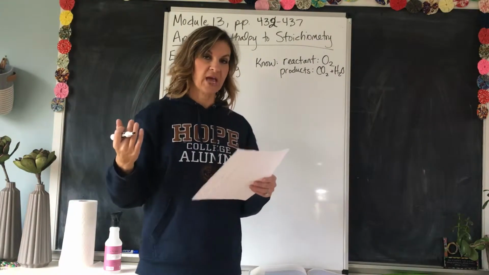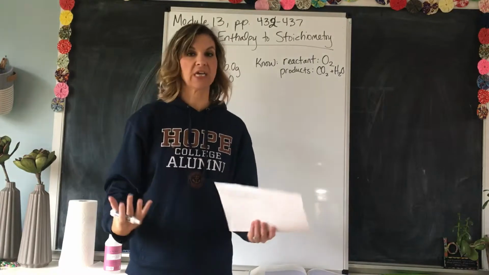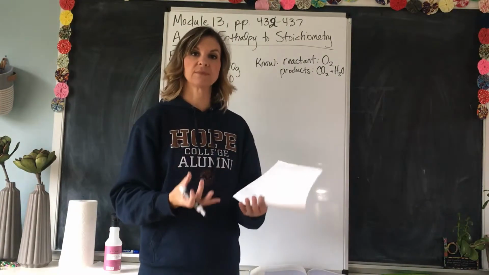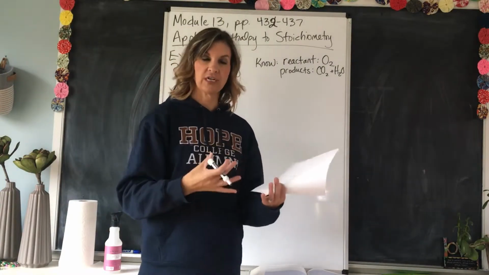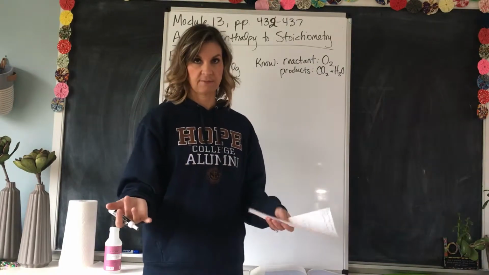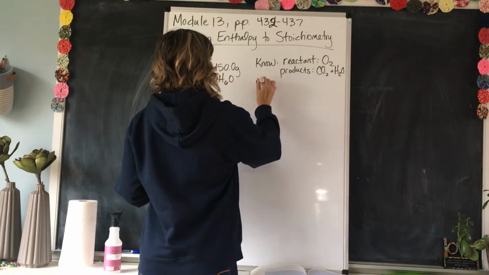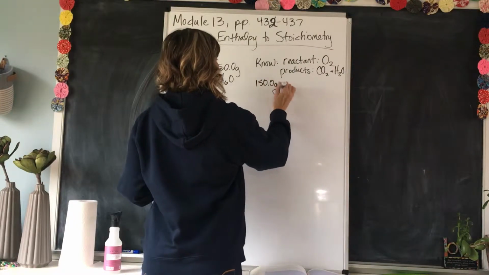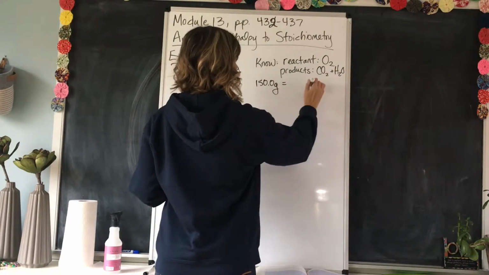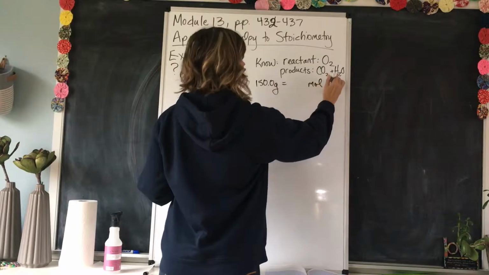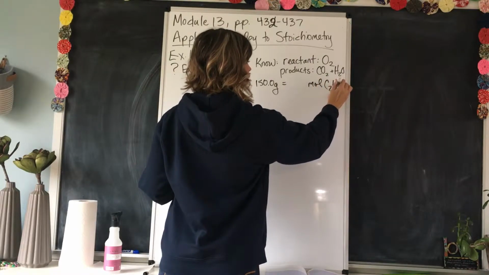Whenever we're doing stoichiometry, we have to convert the grams of the ingredient to moles of the reactant. So we're going to have to do 150.0 grams equals how many moles of C2H6O.